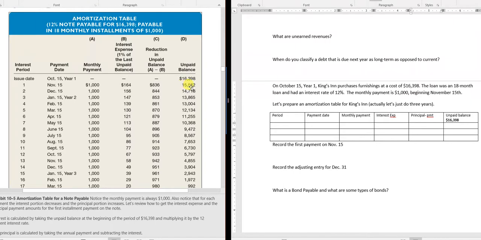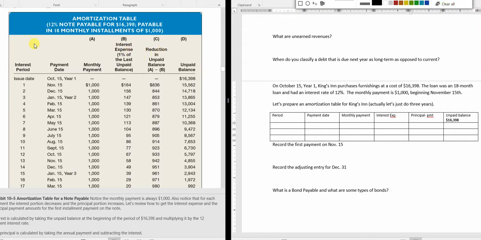Then principal, $15,562, times rate, 12%, times time, 1 divided by 12. Notice they just did 12% times 1 divided by 12, which cancels, so they got 1% there and just took it times 1%.